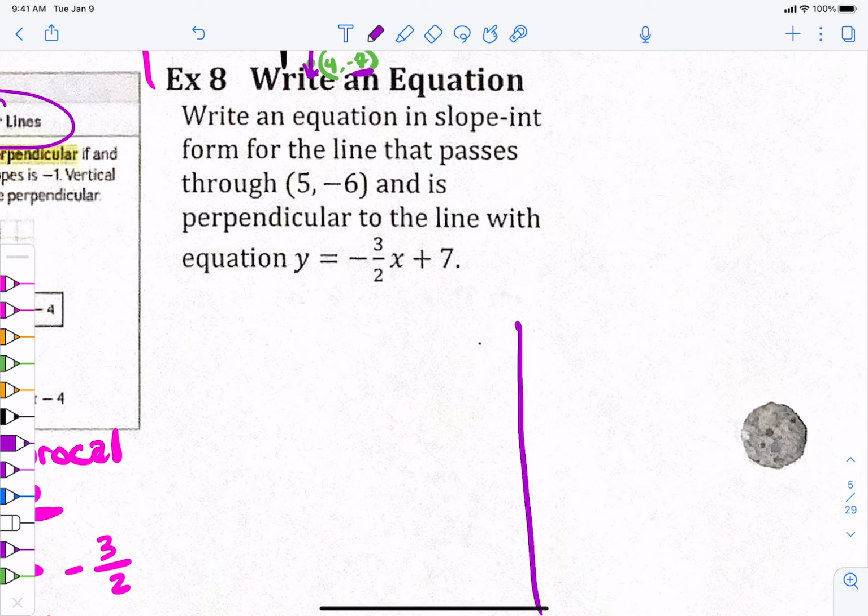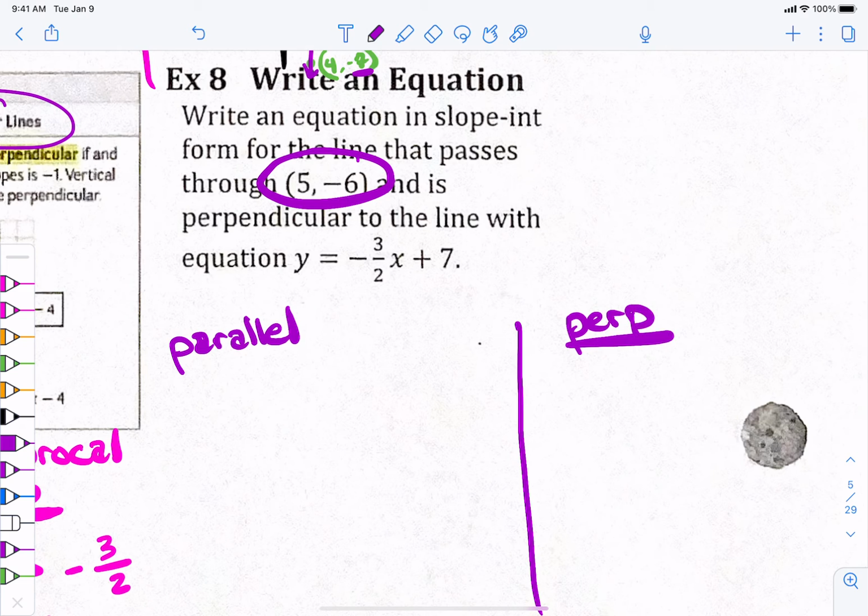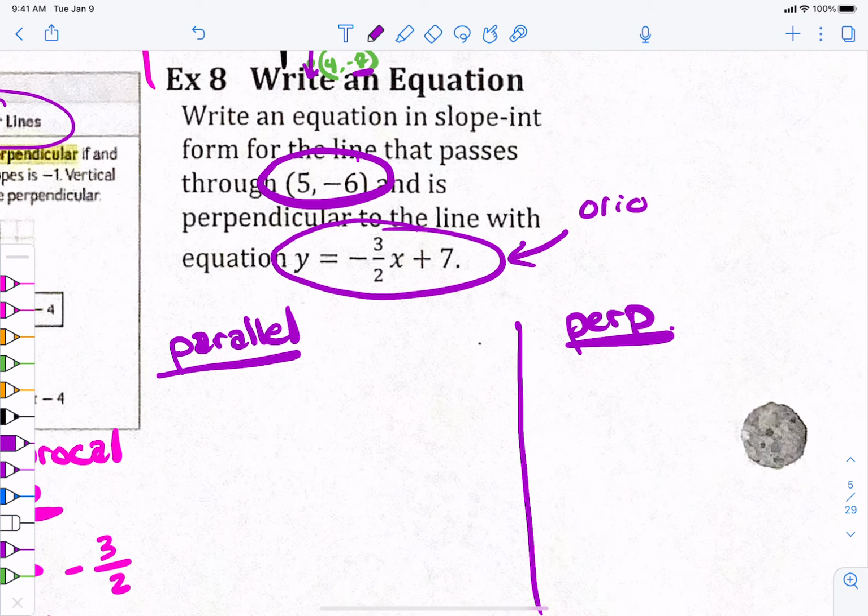All right, write an equation in slope-intercept form of the line that passes through 5, -6, circle that, and is perpendicular. We're going to do both parallel and perpendicular, so you're fully prepared for your homework assignment. I want it to be parallel and perpendicular to this line. This is my original line.